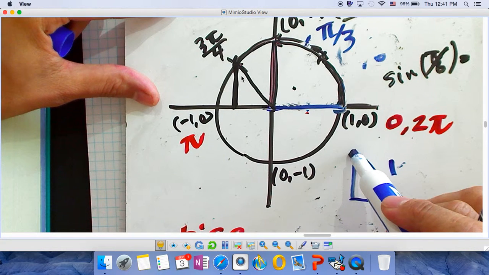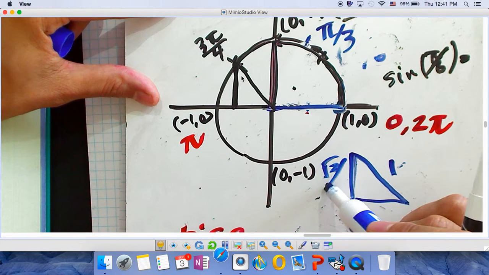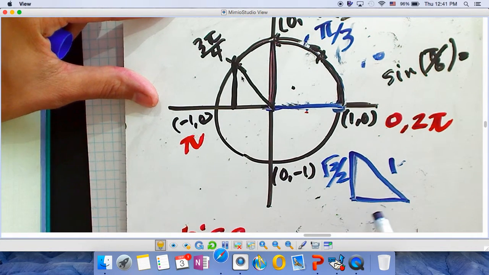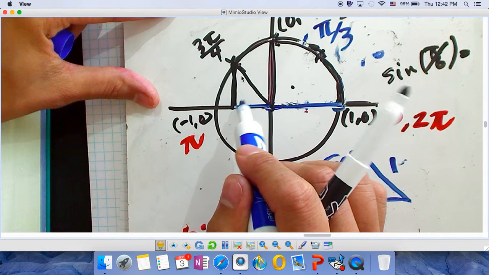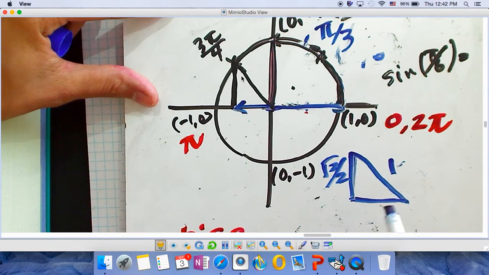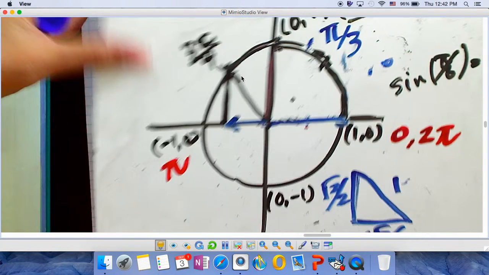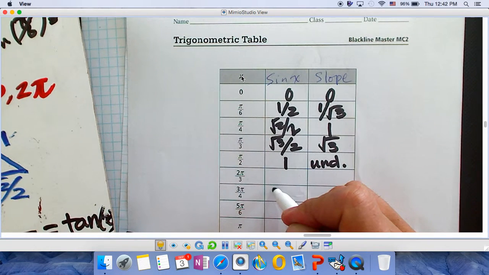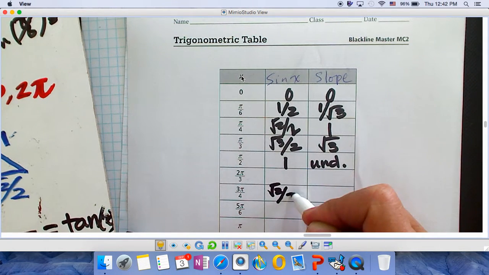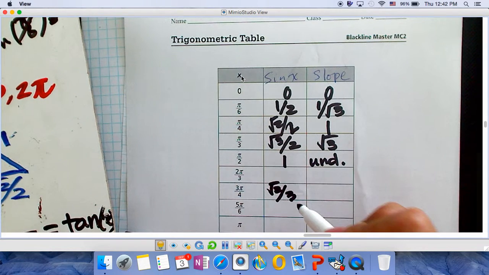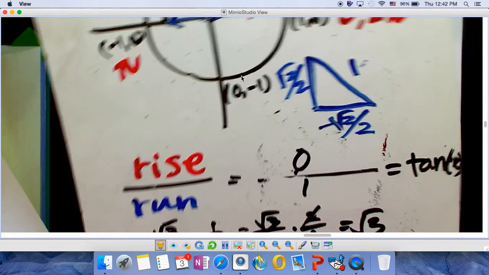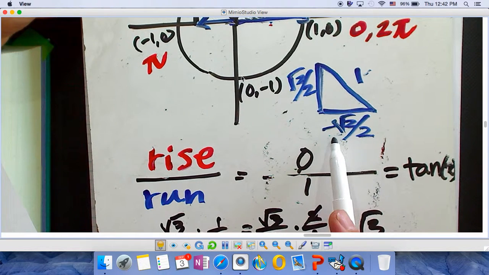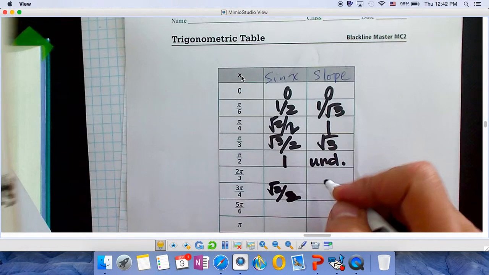So the rise is still square root of 2 over 2. Run is actually negative because you're going negative, or to the left on the number line. So it's negative square root of 2 over 2. So the rise is still the same as this guy, square root of 2 over 2, and then divided by the same number but negative, so the slope should be negative 1.